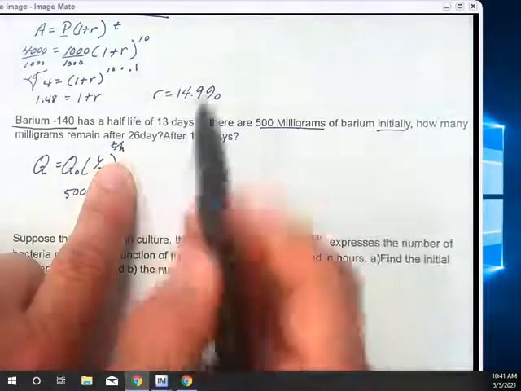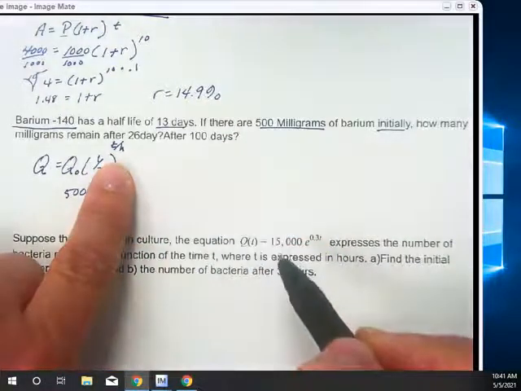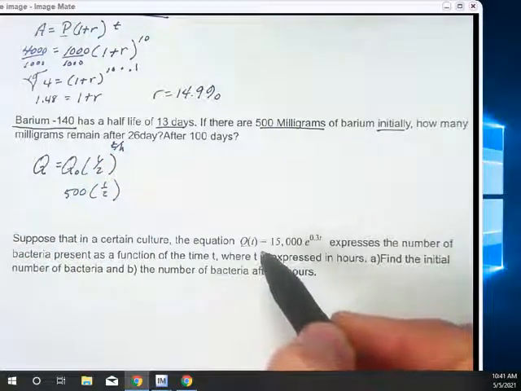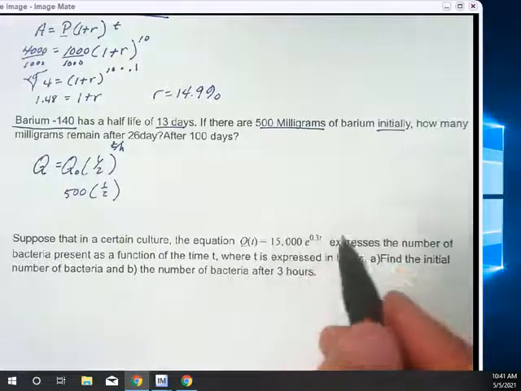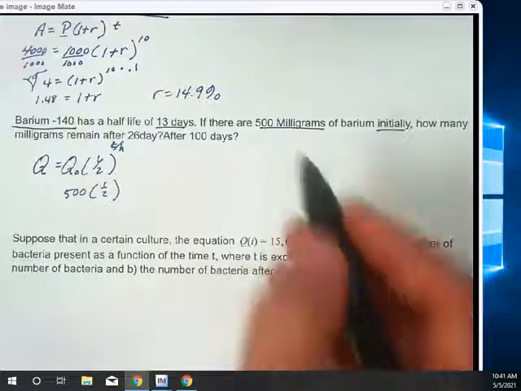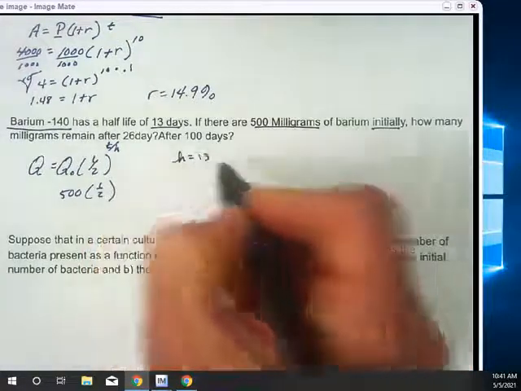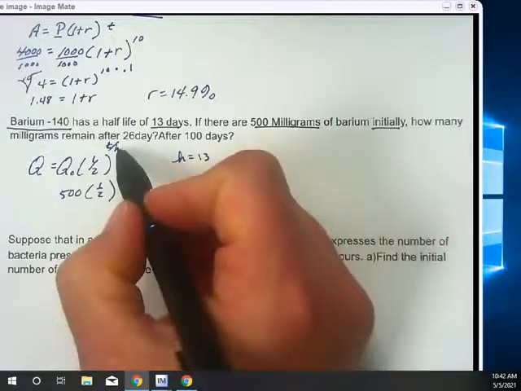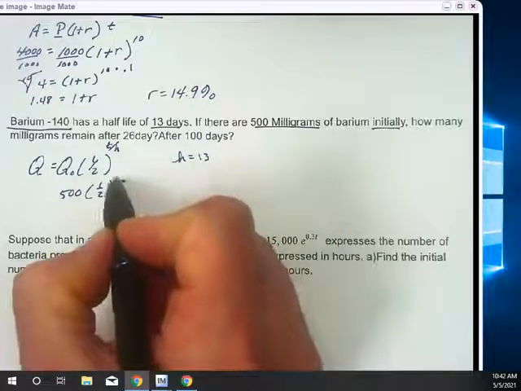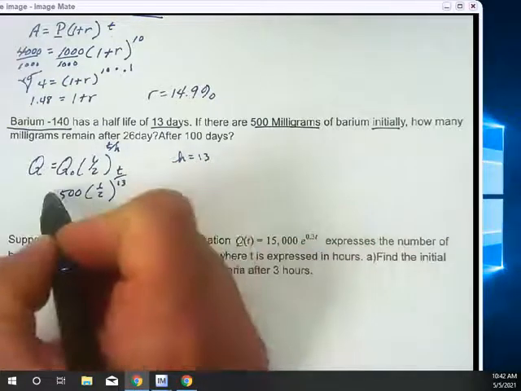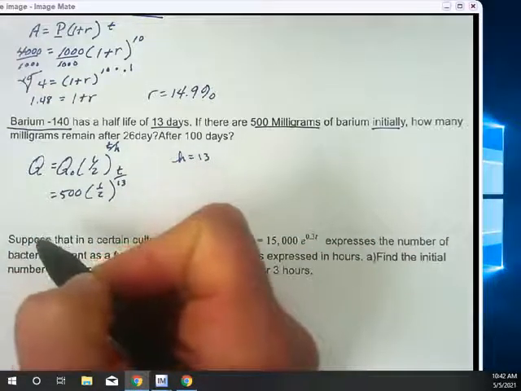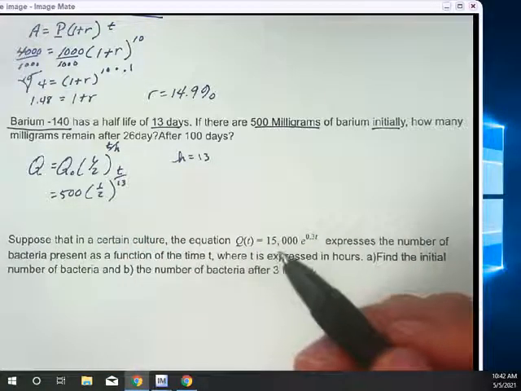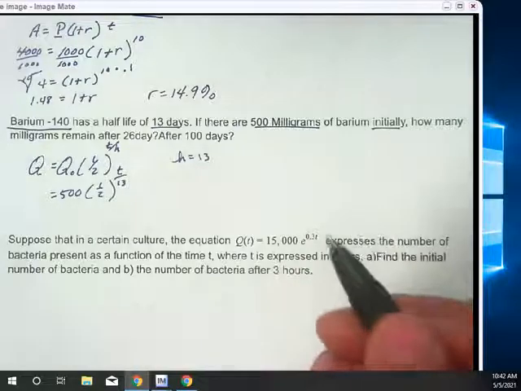The half-life of 13 days, and we want to know how long after 26 days. So if the half-life is 13, then our H is going to be the 13 with the T over it. And we need to know the time. And we need to know how much is left, Q.